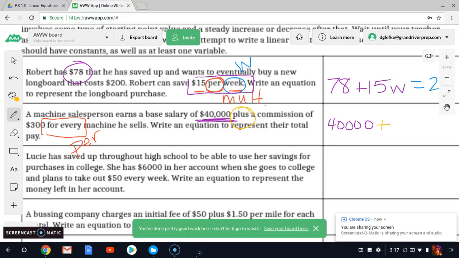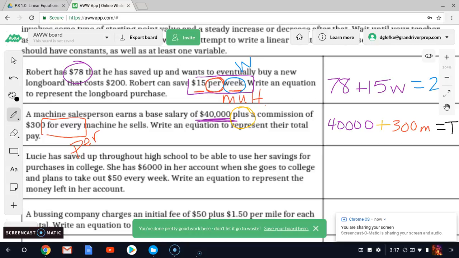We don't know how many machines, so we're going to use a variable for machine. So I'm going to do 300 times M for machine. And that's going to equal the total pay. And we don't know what the total pay is, so we're going to let that equal our total, and I'm going to use a capital T. So we have our base salary of 40,000 plus his commission, which is 300 for every machine. So plus 300M equals the total.